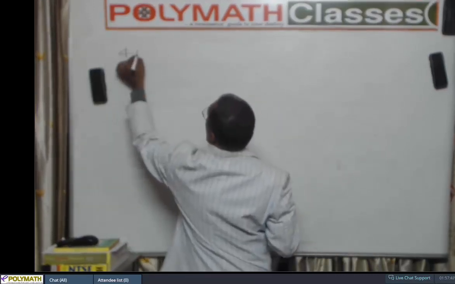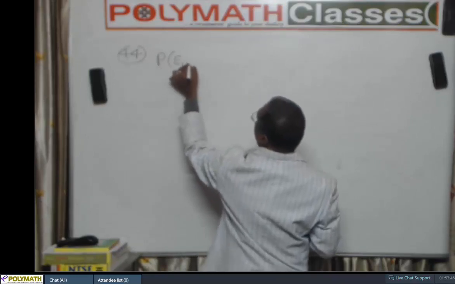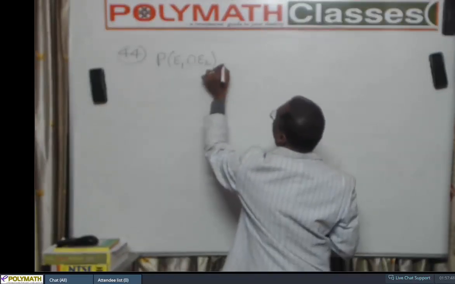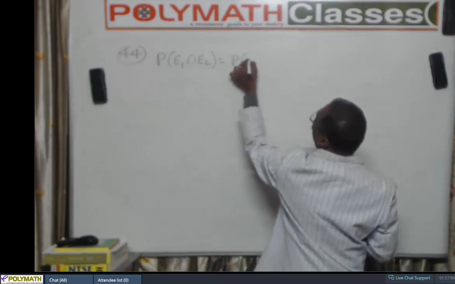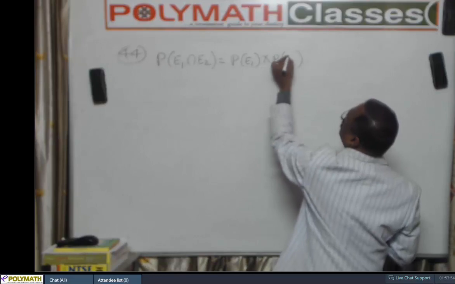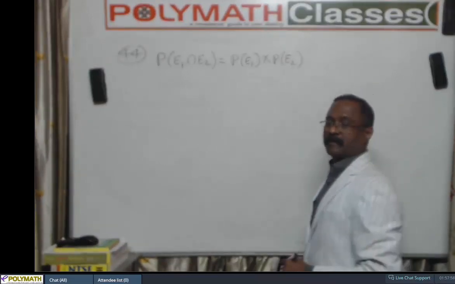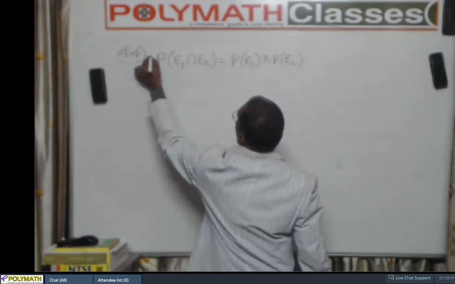So what is to be proved here? If P of E1 intersection E2 is equal to P of E1 into P of E2, then we say that these two are independent. This is the first option. We have to proceed according to the options only.